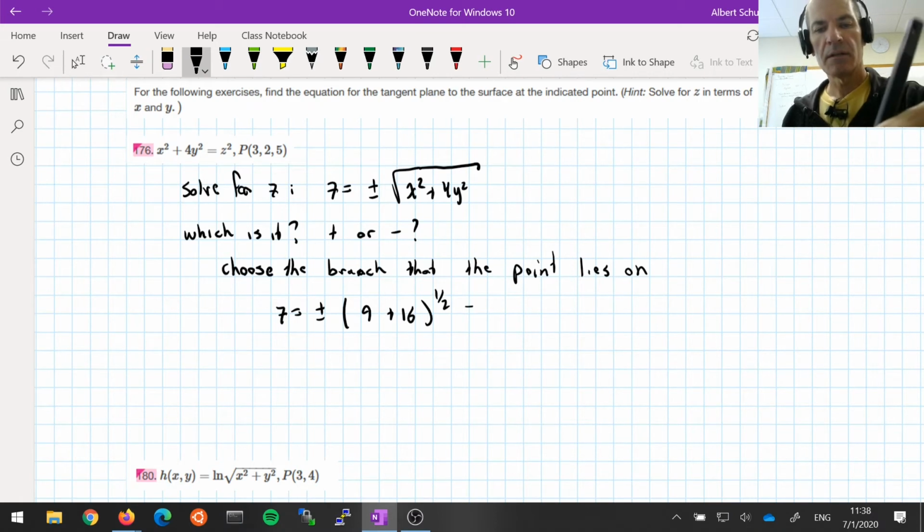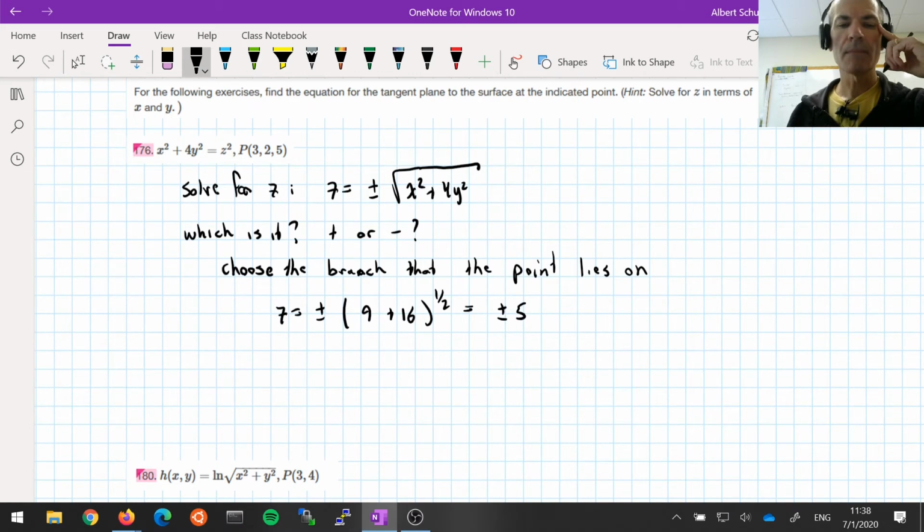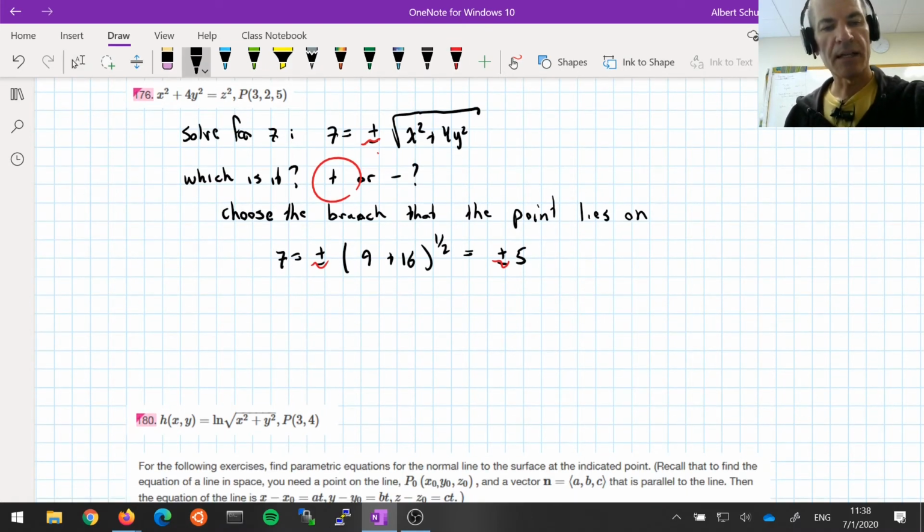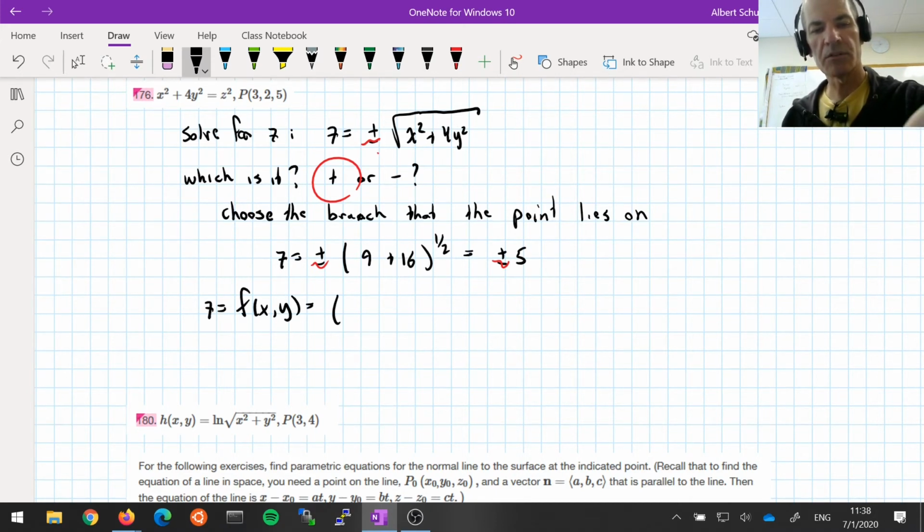That's equal to plus or minus 5. What's the z-coordinate? In our case, it's 5. So we're going to get rid of that, and we're going to use the positive branch. All right, so now that we've settled on that, we know that z is equal to f of x, y, which is equal to the square root of x squared plus 4y squared.